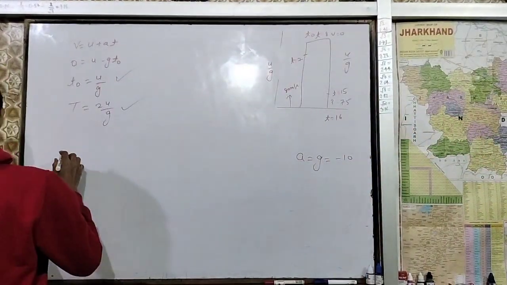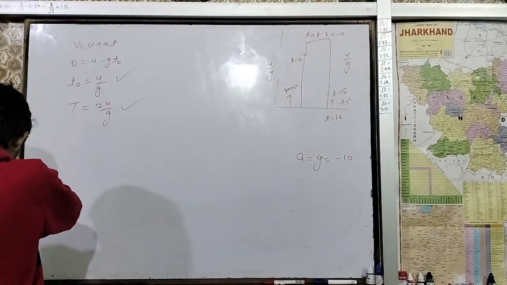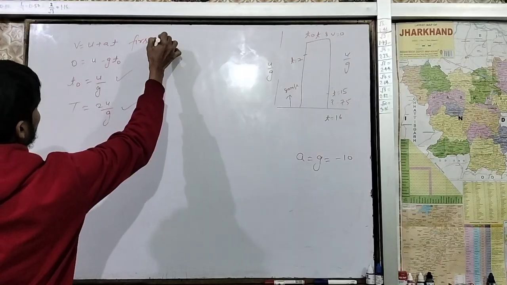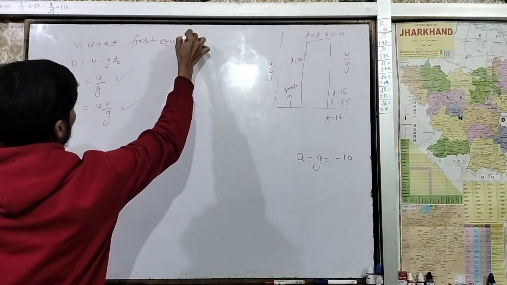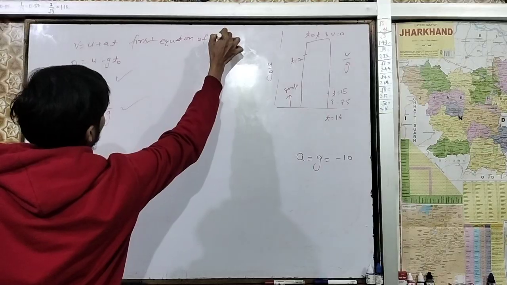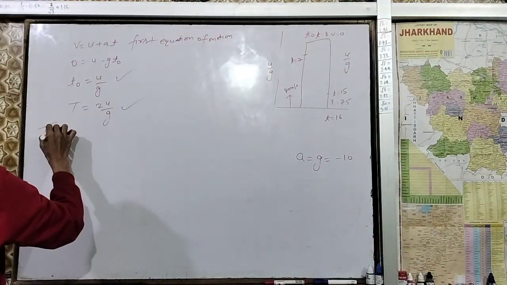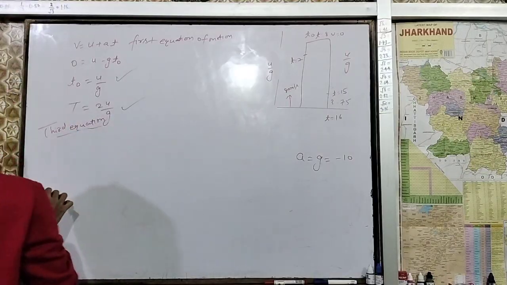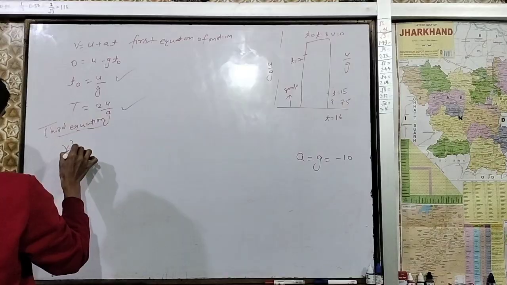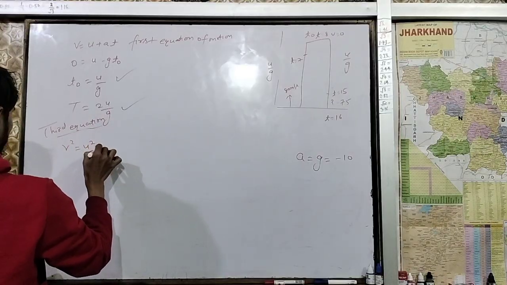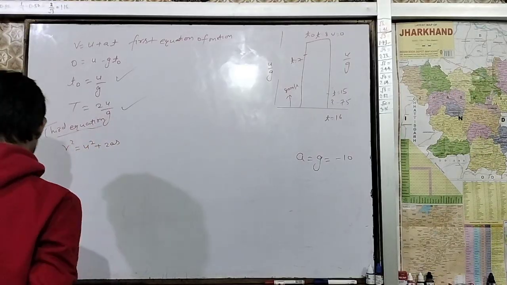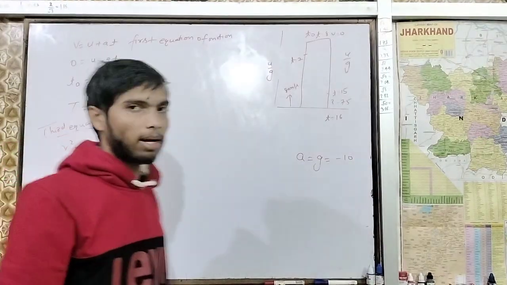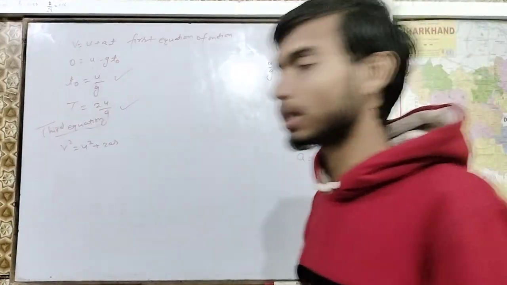Now next, not for displacement but the third equation. That was the first equation of motion. The third equation of motion says that v square is equal to u square plus 2as. Just replace s by maximum height and a by g, that's it.